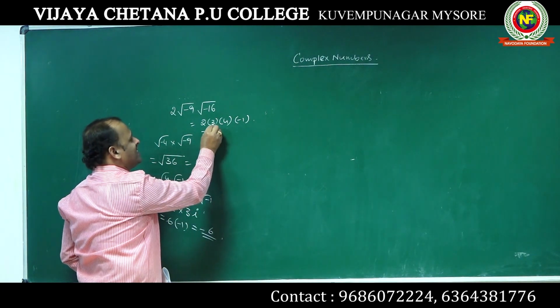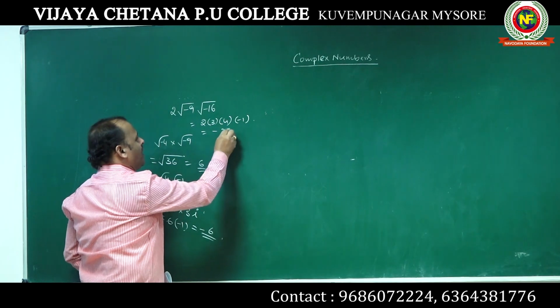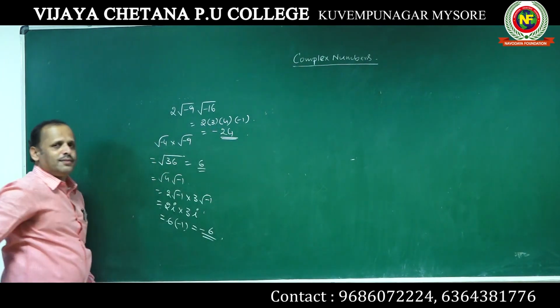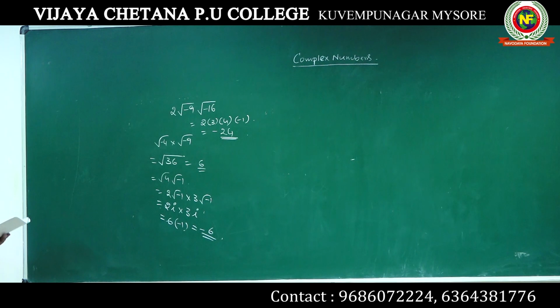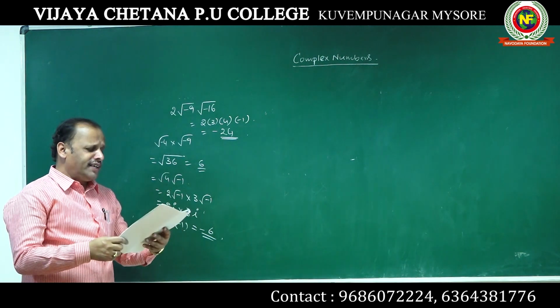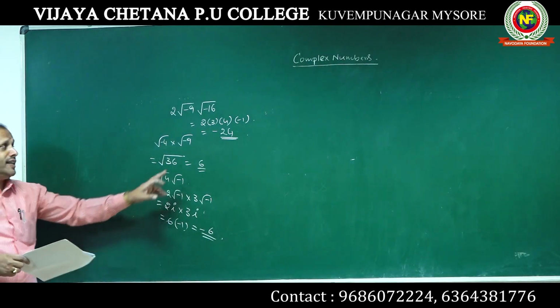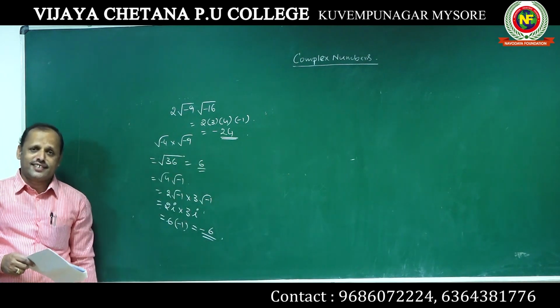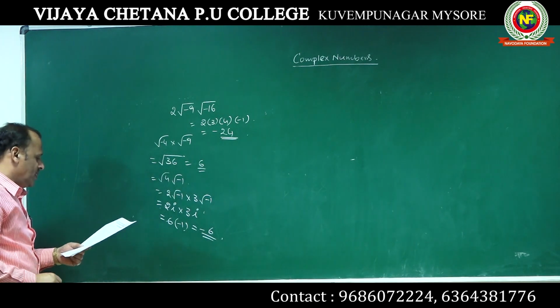Here 2 3s are 6, 6 4s are 24, minus 24 is the answer. But optionally plus 24, 48, minus 24, minus 48 are there, so minus 24 is the right answer.